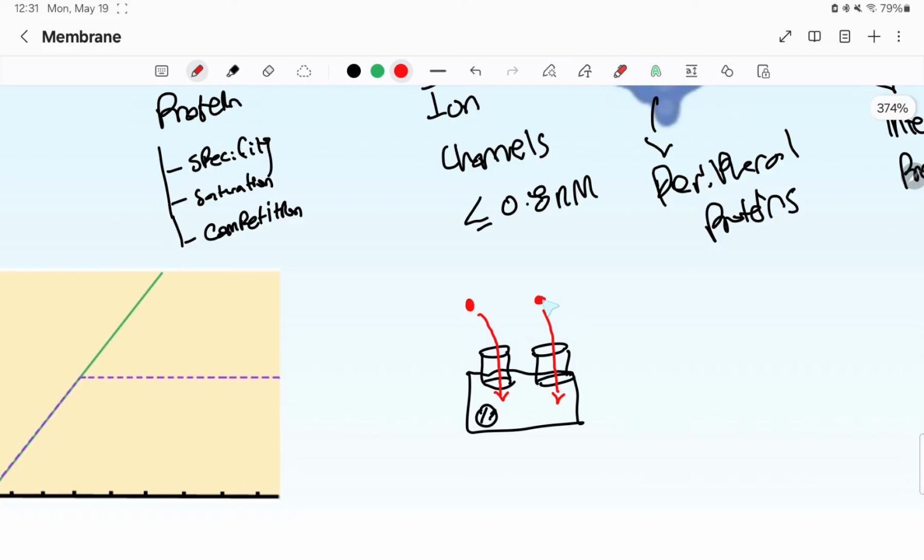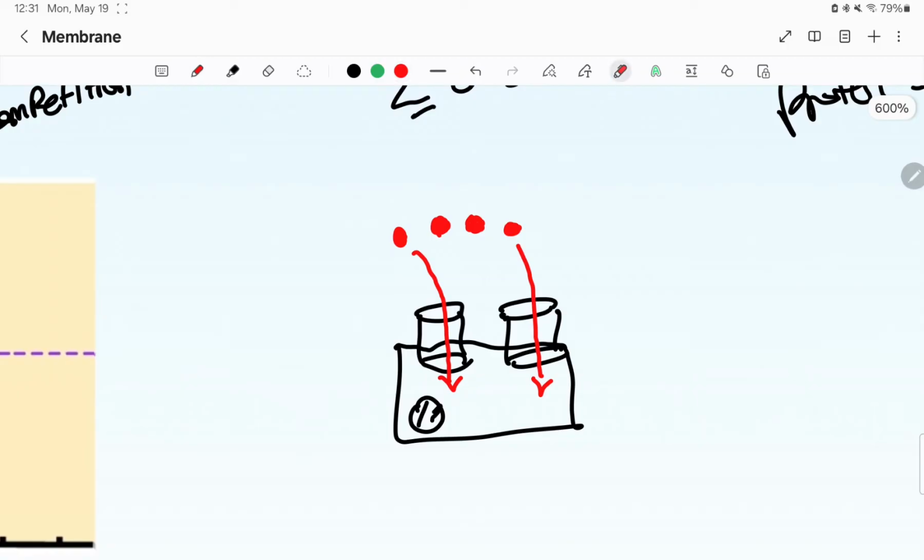Notice how when I have 2 molecules of glucose, I can easily transport them in. But what if, instead of 2 molecules of glucose, I had 1, 2, 3, and 4? Would I be able to transport all of my glucose molecules in through these? No. And why not? Because at this moment, my transporters are busy carrying these 2 glucose molecules.